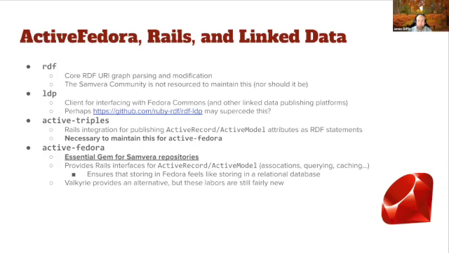And ActiveFedora is really fundamental to ensuring that associations or querying or caching are really supported at the level of Rails, much like one finds with active record and other active model adapters. Valkyrie, for those who are familiar with this project, provides an alternative, but the efforts for integrating this into the Hyrax stack are still fairly new.